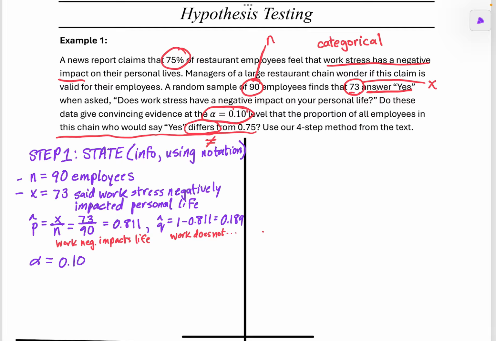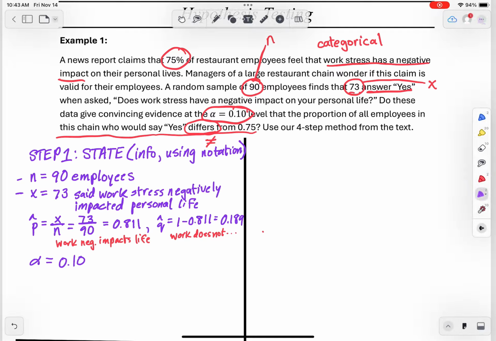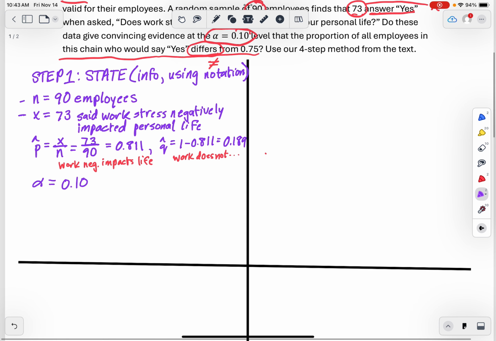And then I've got to now look at that claim again. We're looking for the proportion P of all employees in this chain who would say yes. Is it different from that 75%? That's why it's P and not P hat. So if I were to just write that statement in and of itself, I would have that the proportion is not equal to 0.75. And when I look at that proportion, it does not include an equal sign.